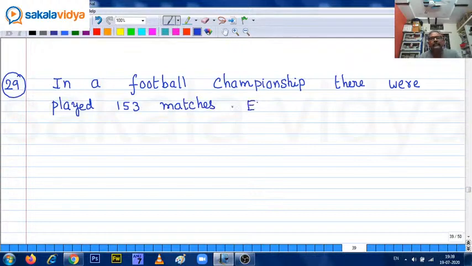What is the condition? Every two teams played one match.